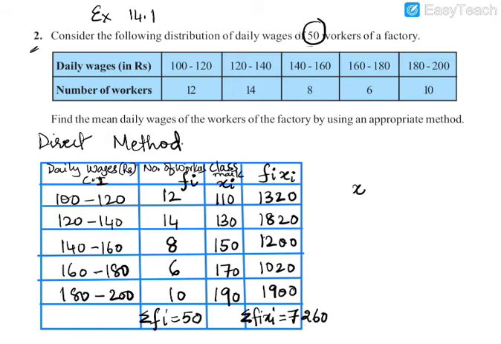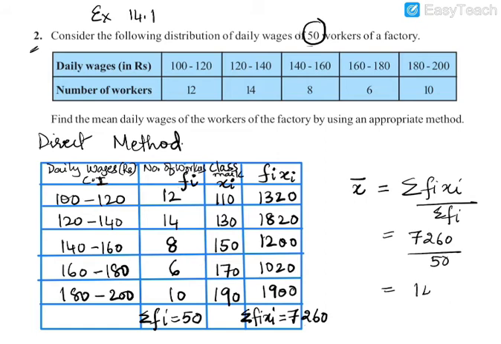Now we can apply the formula and find out mean: summation fi xi divided by summation fi is equal to 7,260 divided by 50, and that is equal to 145.2 rupees. Don't forget to write the units. We are finding mean for this data, which is daily wages, and therefore the unit will be rupees.